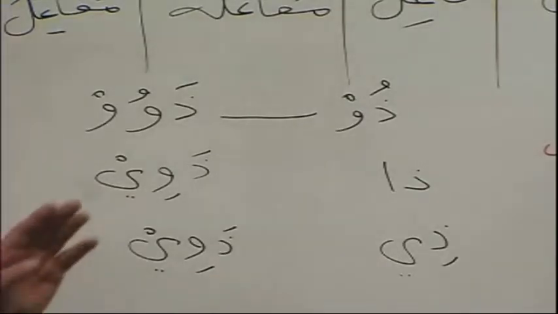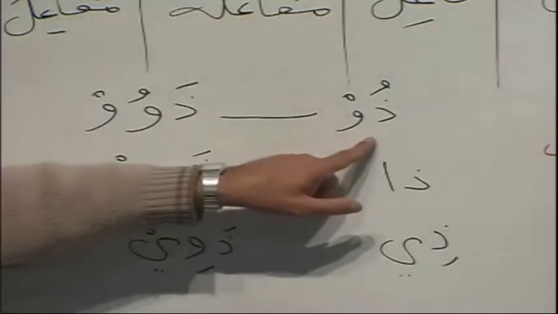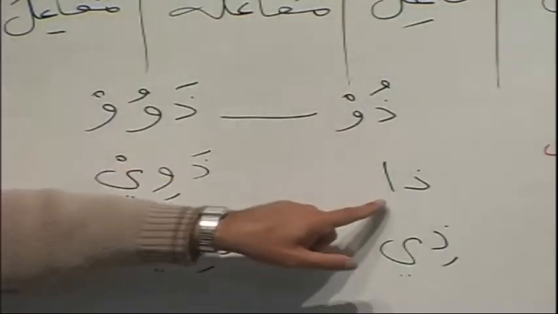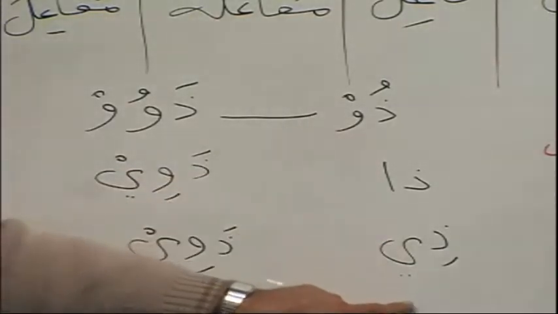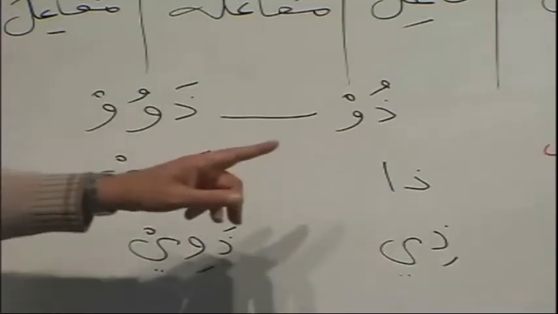Because they are min asmaul khamsa. What are they, brothers and sisters? Because of asmaul khamsa. Remember, special alamat of asmaul khamsa. Marfu'un bi dhamma, mansubun bil alif, majrurun bil ya. Remember, abu, aba, abi, akhu, akha, akhi, zu, za, zi. Okay, fine.